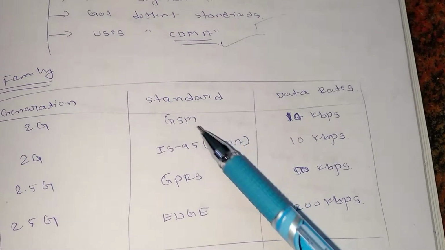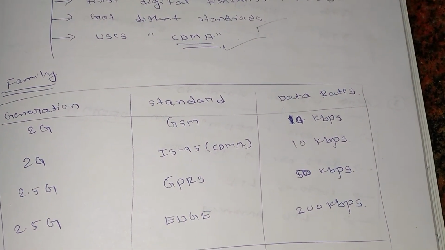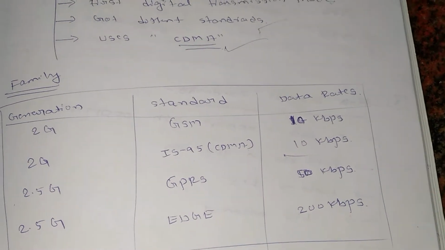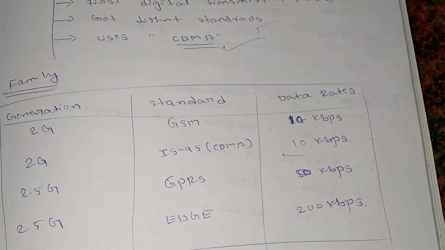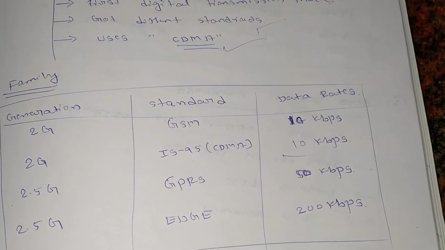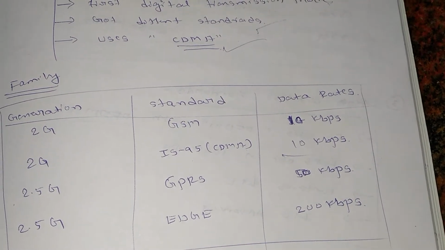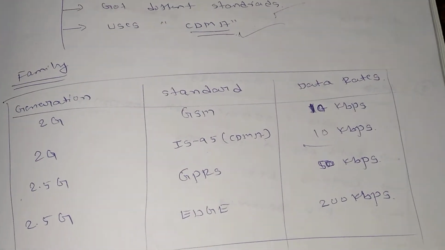GSM provides a typical data rate of 10 kbps, and IS-95 also provides 10 kbps, but connectivity is good in the case of CDMA. GPRS provides 50 kbps, and EDGE provides the highest data rate in 2G, 200 kbps, which is more than the other three standards. You just need to remember these things for 2G.